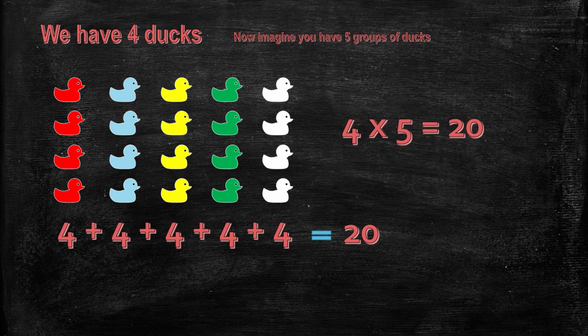So 4 times 5 is 20. As I said earlier, you're basically adding the number a specific amount of times. So in this case, we added 4 up 5 different times. The 5 represents the groups of 4 ducks. So we have 5 groups of 4 ducks here. And 4 times 5 is 20.